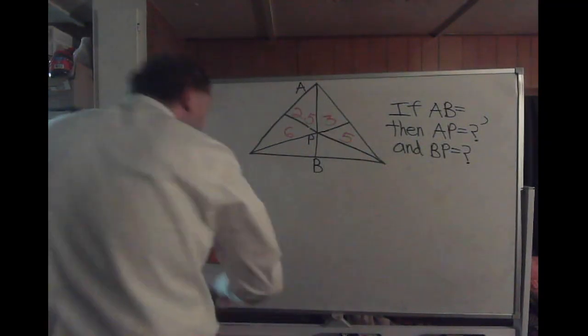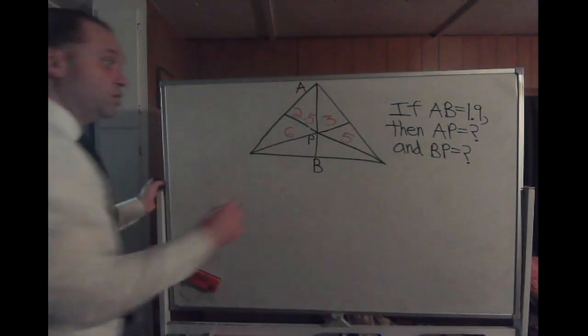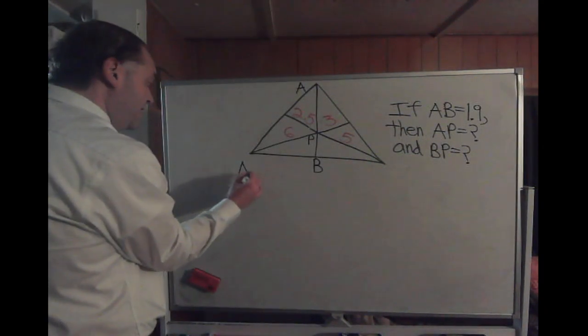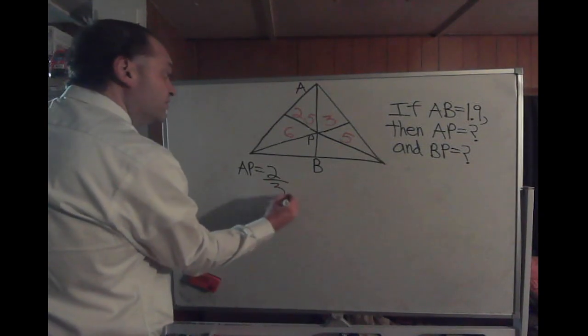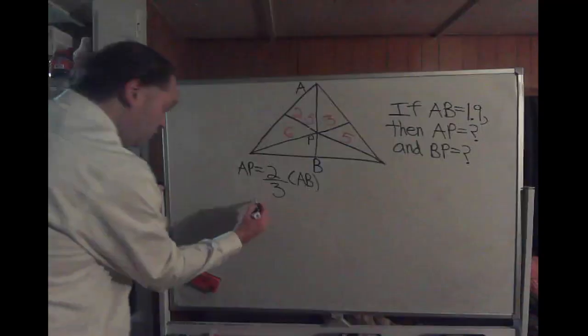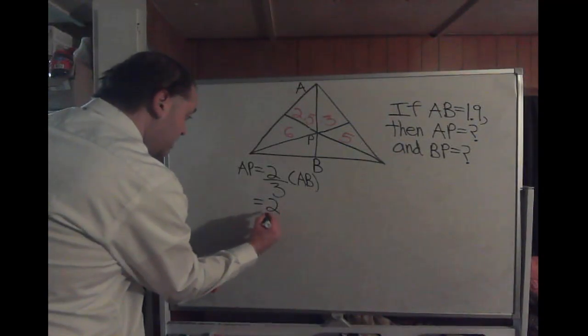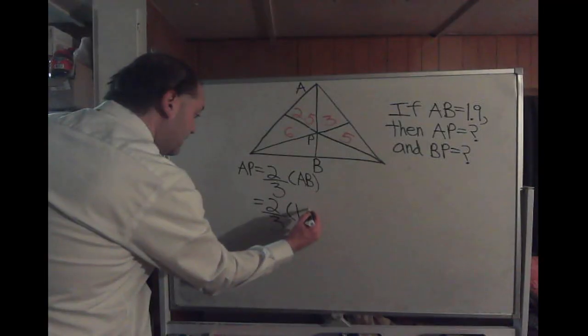Now this is a good one. Let's see. AB this time has a length of 1.9. So again, AP is equal to 2/3 of the length of AB, which would be equal to 2/3 times 1.9.